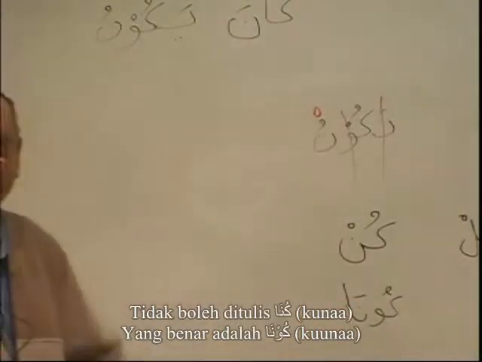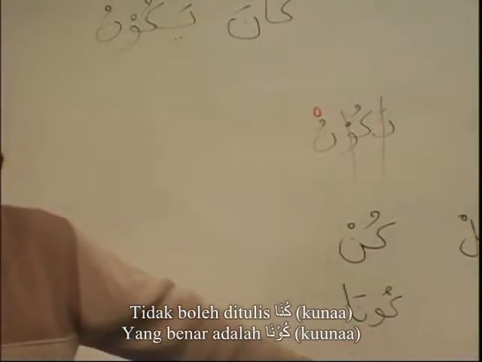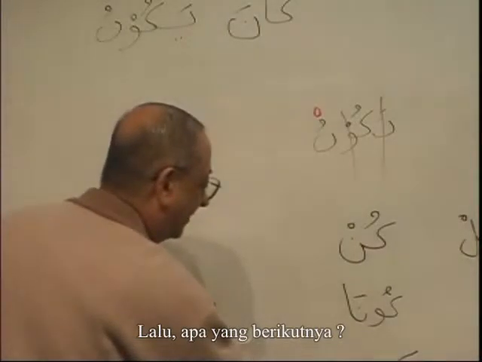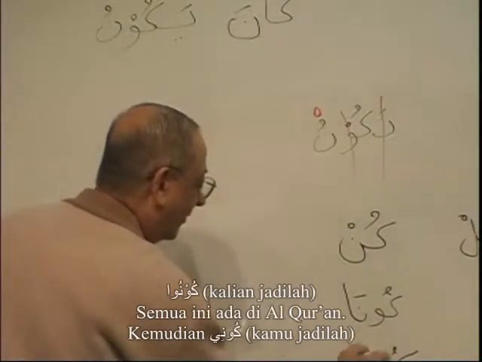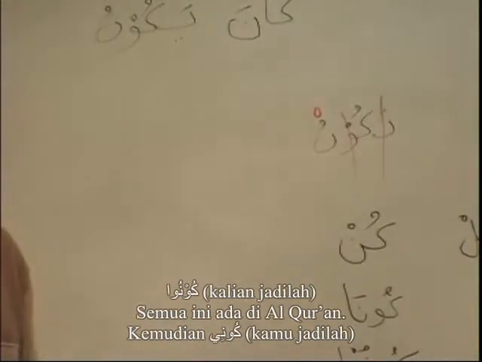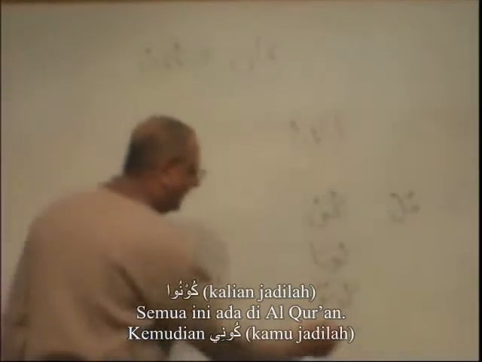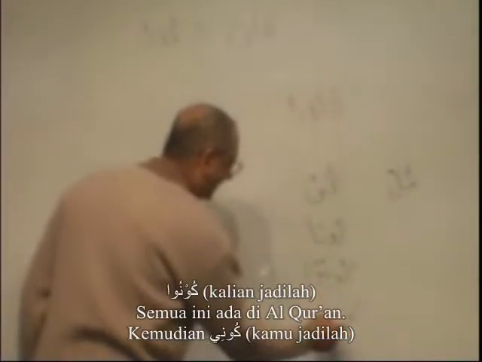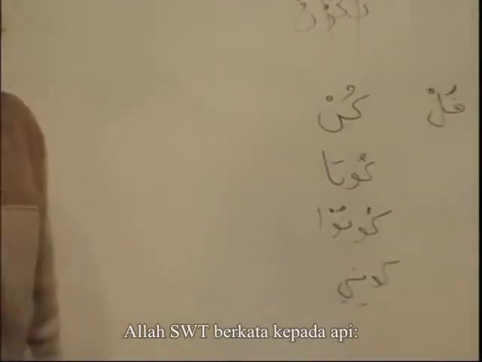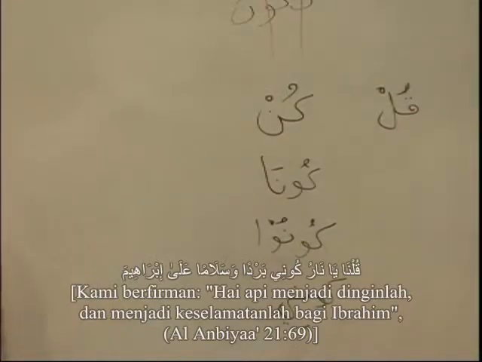You just cannot say kuna. It has to be kuna. And then what will be the next one? Kunu. All these things are in the Quran. And then kuni. Allah subhanahu wa ta'ala is saying to the fire, it is kuni bardan.